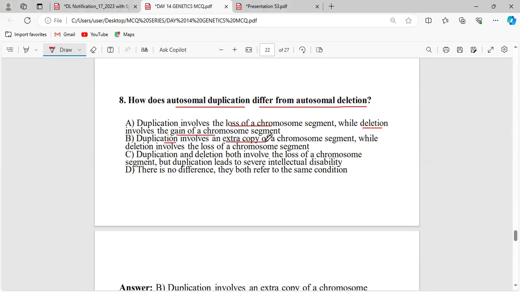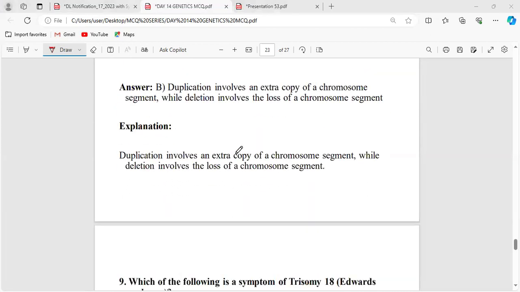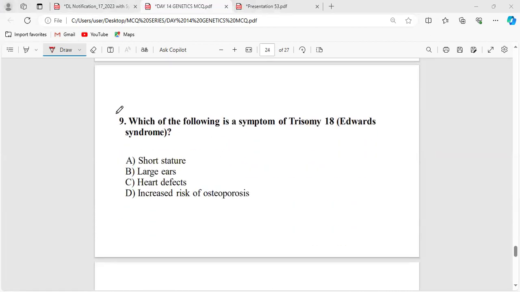Duplication involves an extra copy of the chromosome, while deletion involves a loss of chromosome segment. Duplication and deletion both involve the loss of chromosome, but deletion leads to severe intellectual disability. There is no difference. Obviously, duplication involves the extra copy and deletion involves the loss of a chromosome segment.